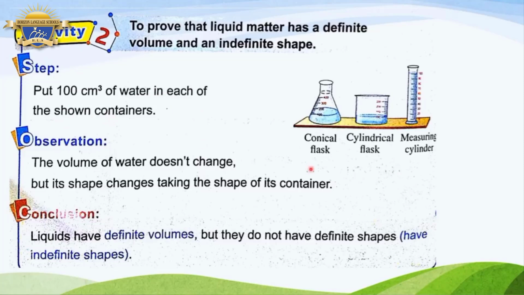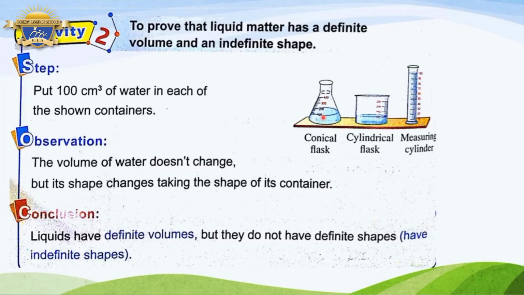We say that 100 cubic centimeters in the measuring cylinder is transferred to the end of the cylinder, and in the cylindrical flask, as you see, it's not to the end, it just takes 100 cubic centimeters of the cylindrical flask, and in the conical flask it takes just 100 cubic centimeters of the conical flask.